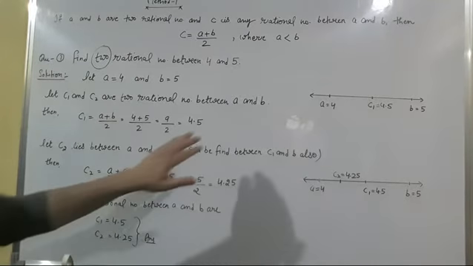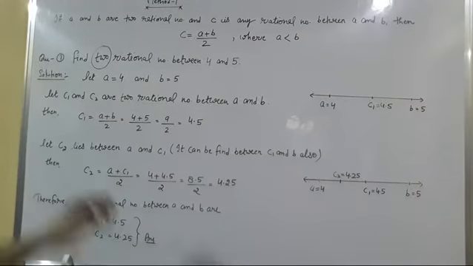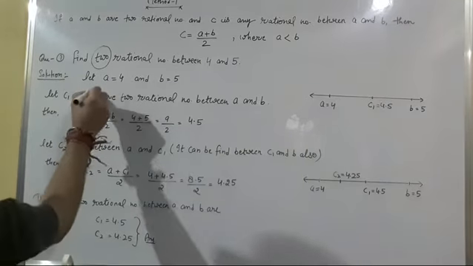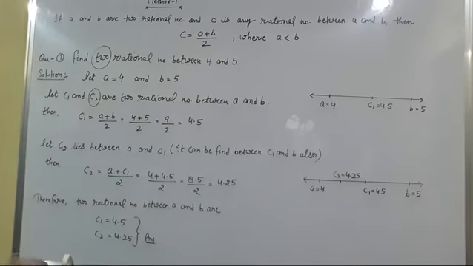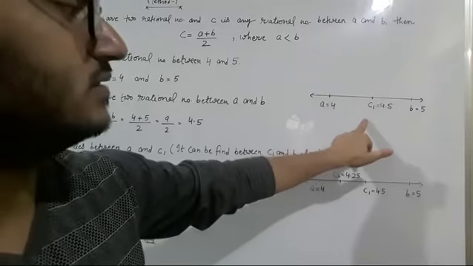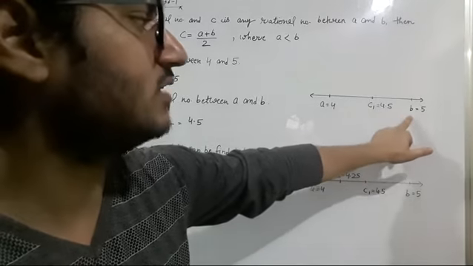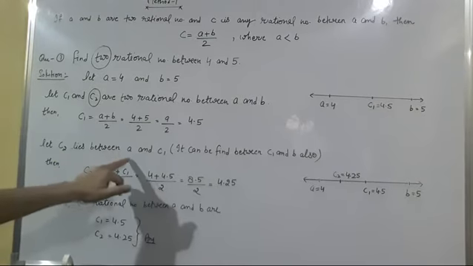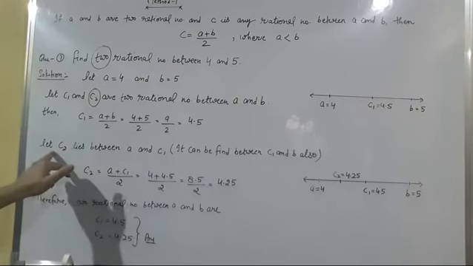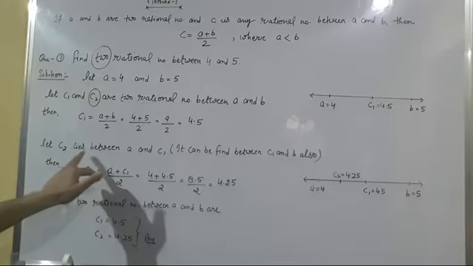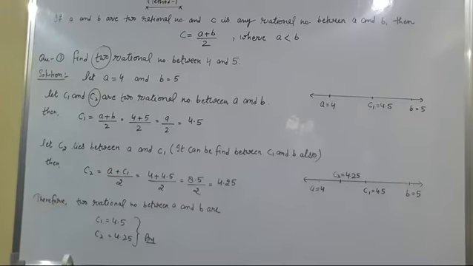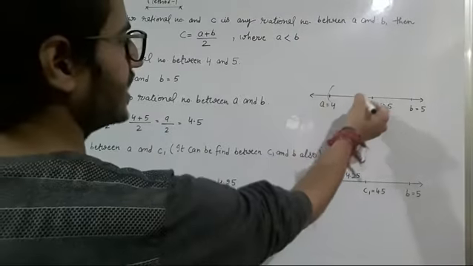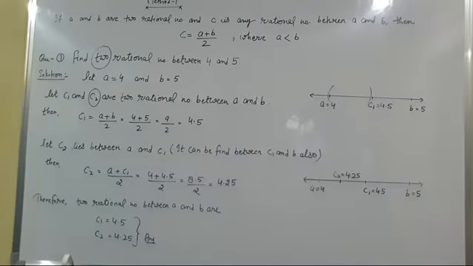But we have to find two rational numbers between a and b. So now we have two options. We can find the second rational number c2 either between a and c1 or between c1 and b. So here we have selected a and c1. So let c2 lie between a and c1, meaning in this region we are going to find our second required rational number.